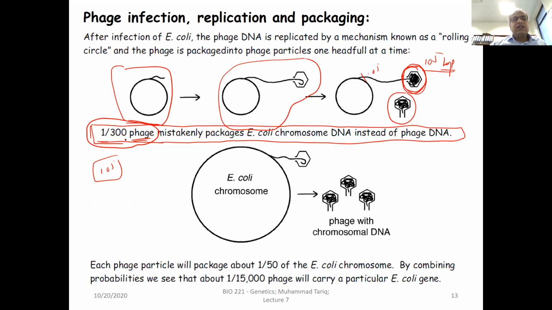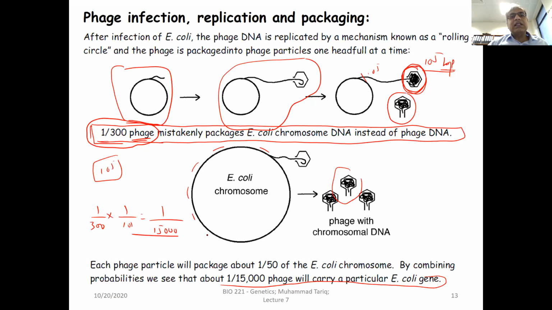So it means each phage, if we calculate the probability, 1 in 300 bacteriophages may carry E. coli DNA, and then the size of the genome. So we'll say it's nearly 1 in 15,000 phages will carry a particular E. coli chromosome region. Because if 1 in 300 contains bacterial genome, now that bacterial genome could be this region, it could be this region, this region.